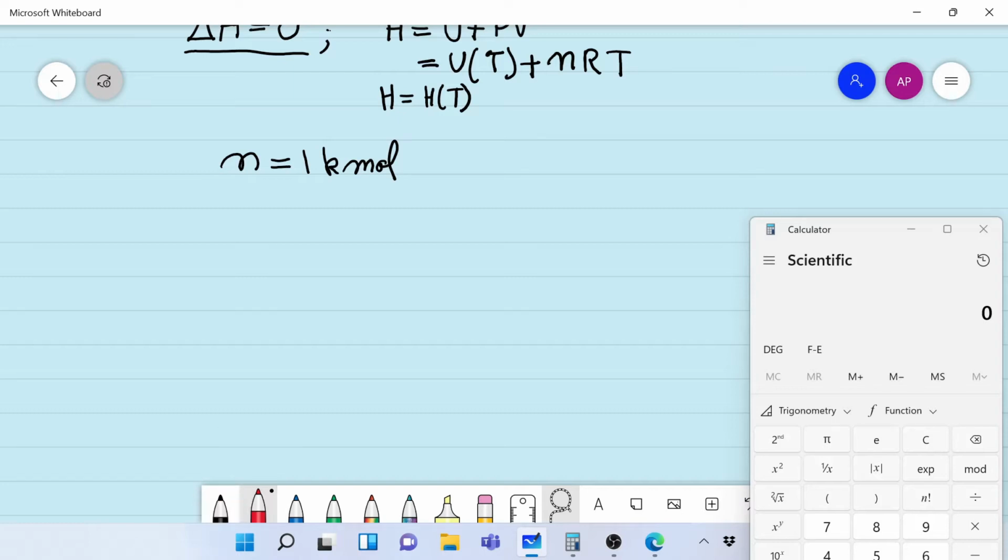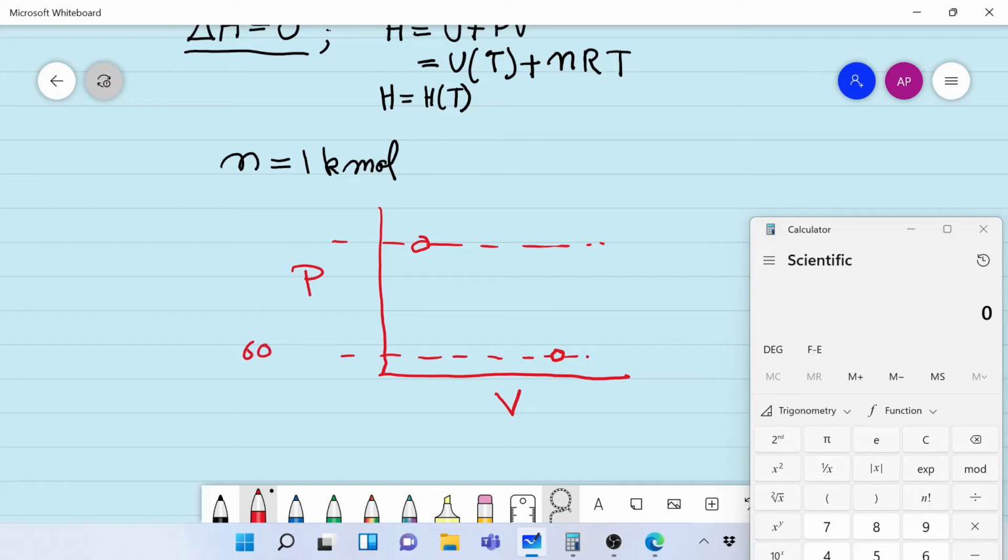If we have to visualize this process, it is done as follows. Y-axis is the pressure, x-axis is the volume. This is the initial pressure and this is the final pressure. Now what do we have? Initially it is at 600 kilopascals and its volume is 4 meter cube.